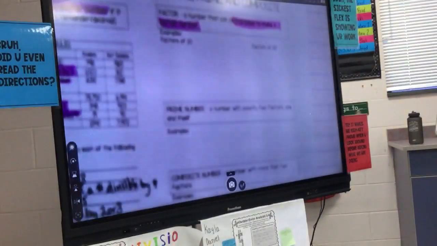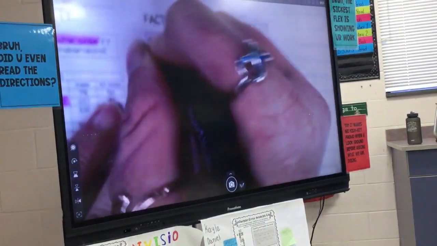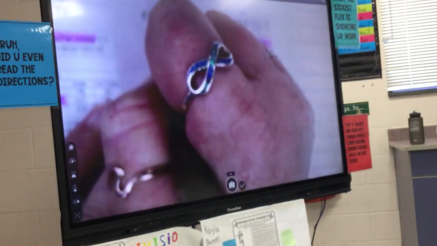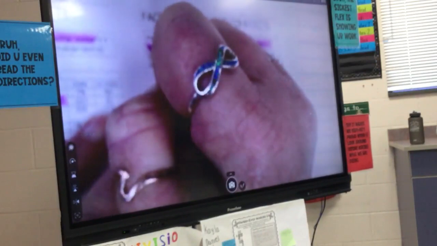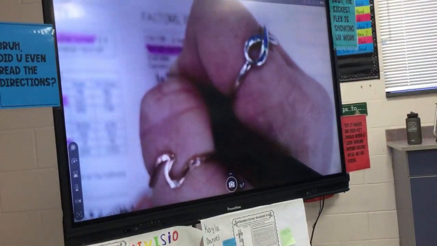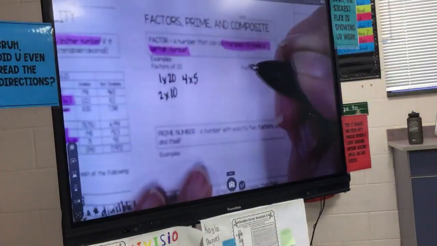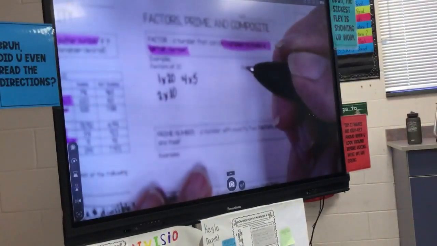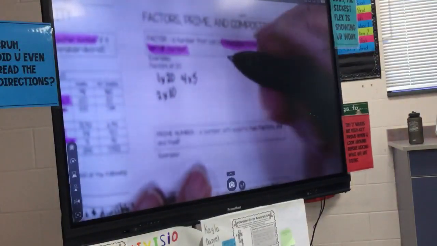So what are the factors of 20? 1 and 20. 2 and 10. 3? No. 4 times 5. What about 5? It would be 5 times 4. So that's where we stop, because it starts repeating.